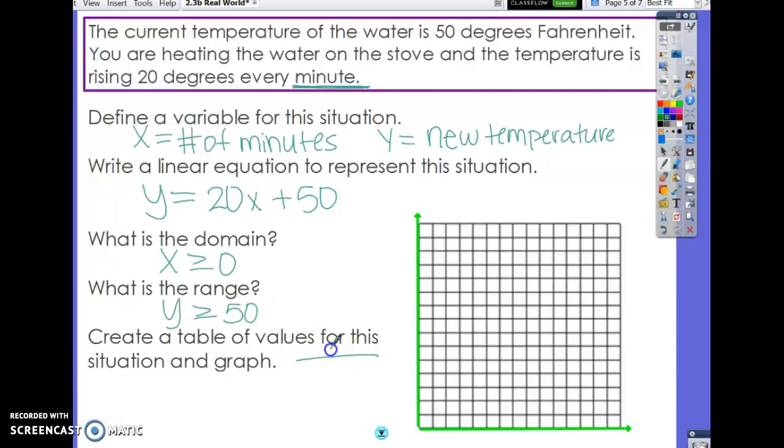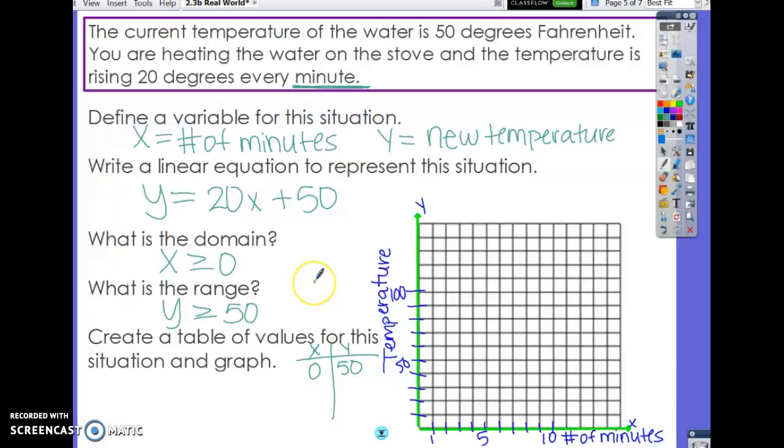We already have one, right? We already know our y-intercept is (0, 50). Okay, and we could plug in an x value to find y. Or we could graph. Again, personal preference, however you want to figure out that table of values. I labeled my axis accordingly. My y represents the temperature.